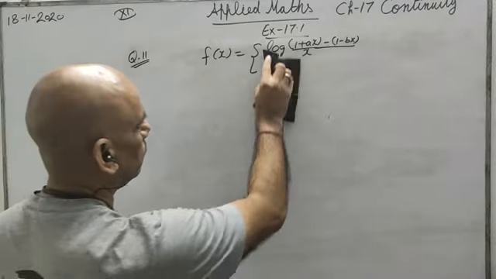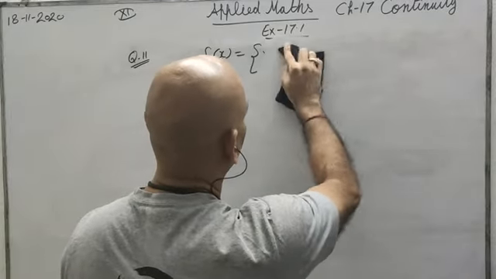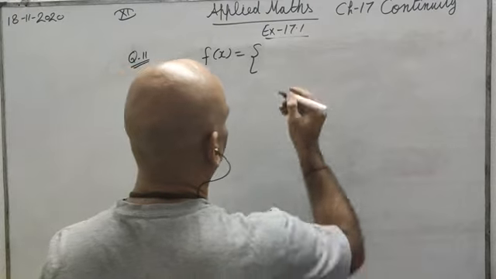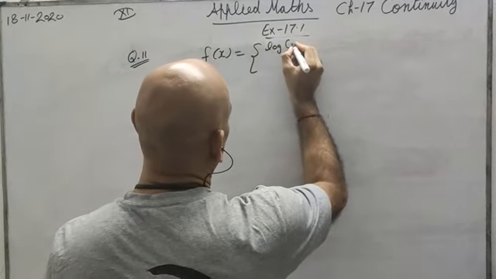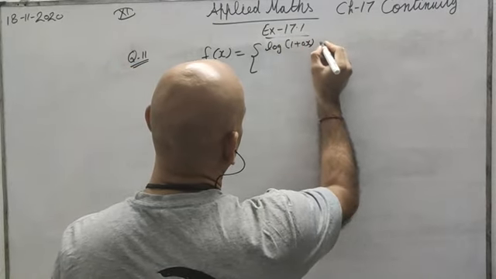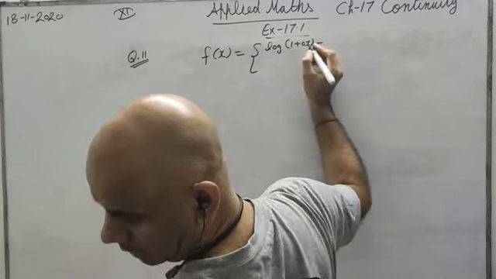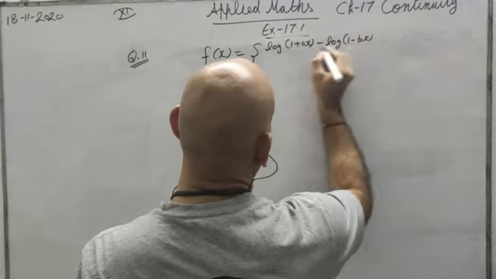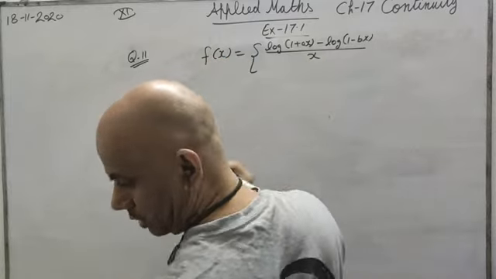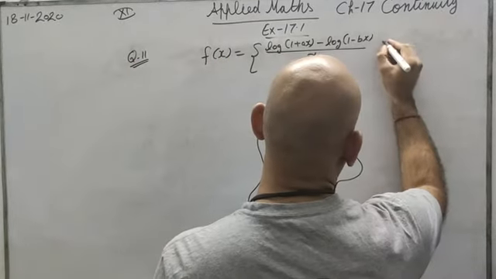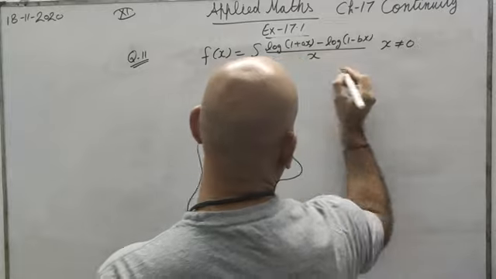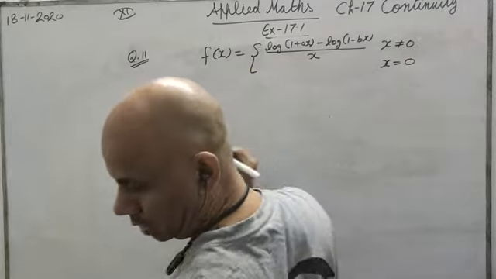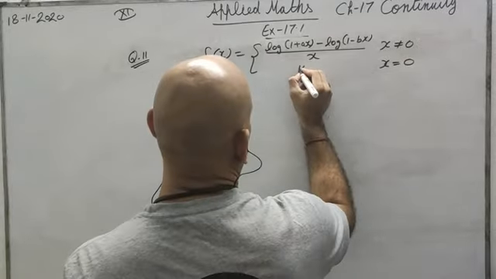Okay, both of them have log and x is in the denominator. So f(x) is log(1 plus ax) minus log(1 minus bx) upon x when x is not equal to 0, and when x is equal to 0 the value of the function is k.